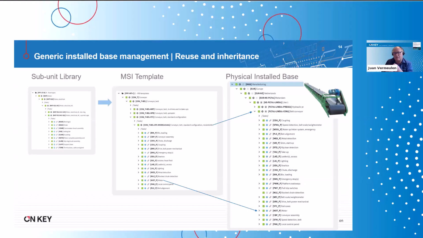I think one of our big clients has 25 million of these maintenance tasks across 50,000 assets, and you want these centralized places where you can go and tweak your library item, and it will flow through en masse, through all the levels all the way to your asset. So this is the standard OnKey functionality. I think you can go to the next one, Stefan.